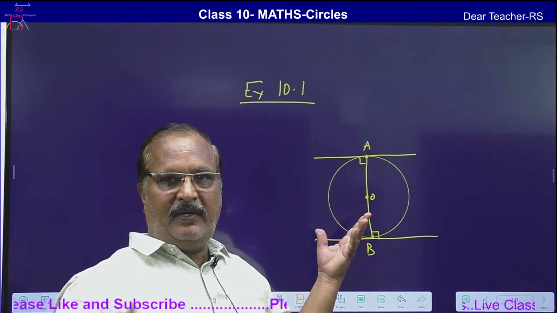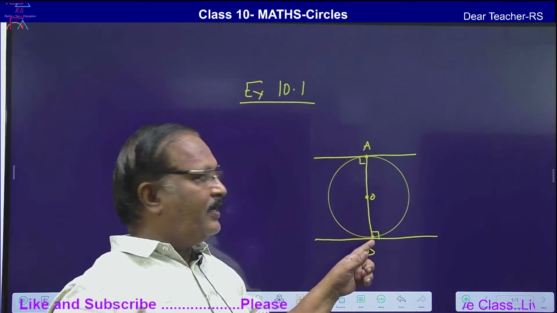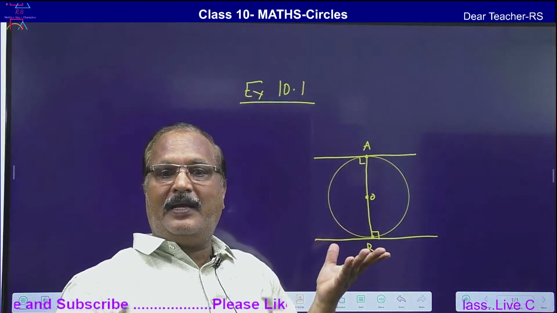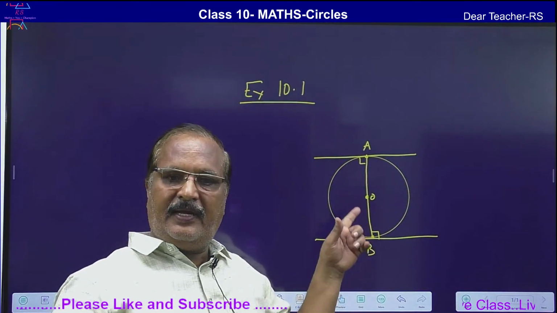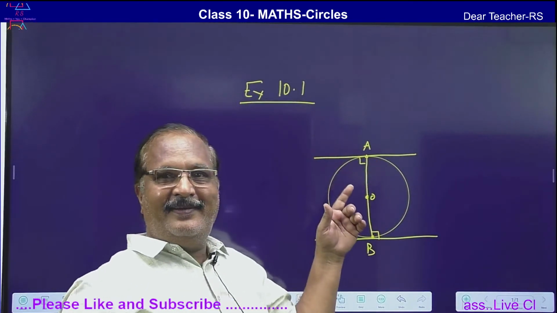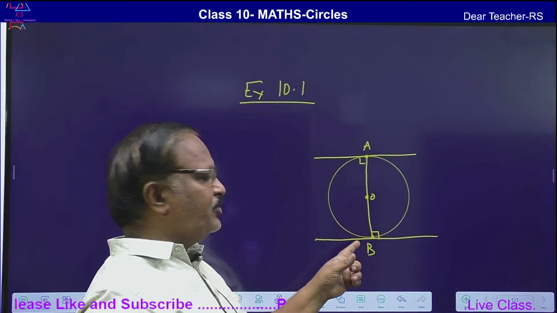The radius is perpendicular to the tangent, so this is 90 degrees and this is 90 degrees. As alternate interior angles are equal, these two tangents are parallel. So at one time you can draw only two parallel tangents to a circle.